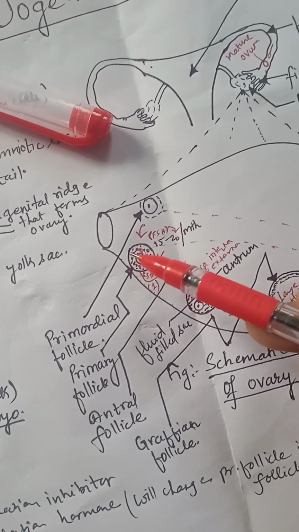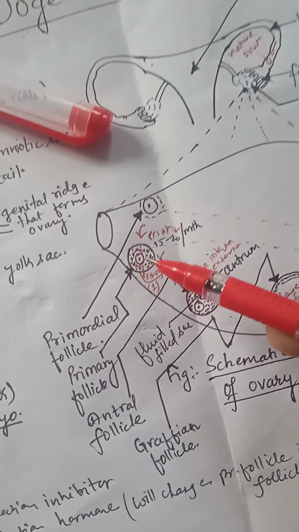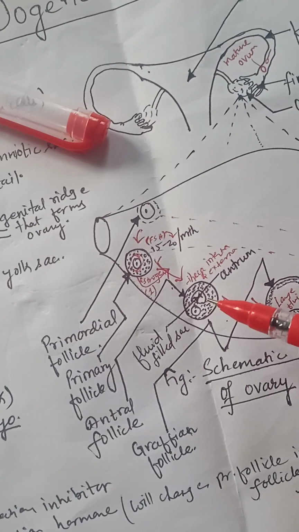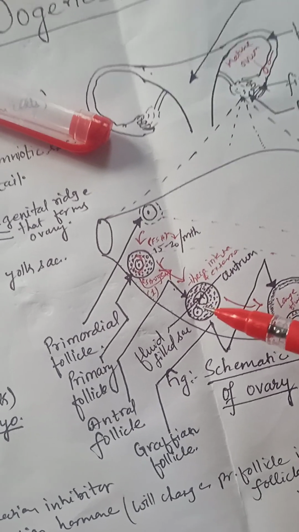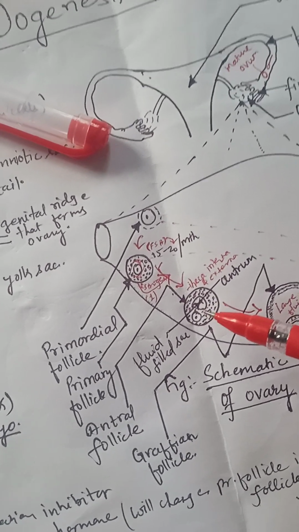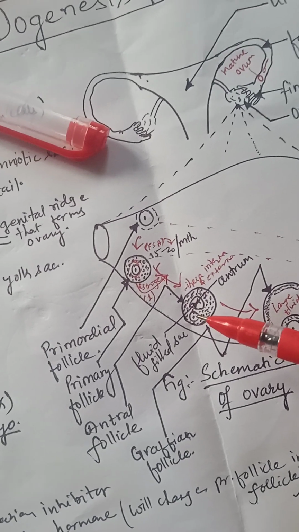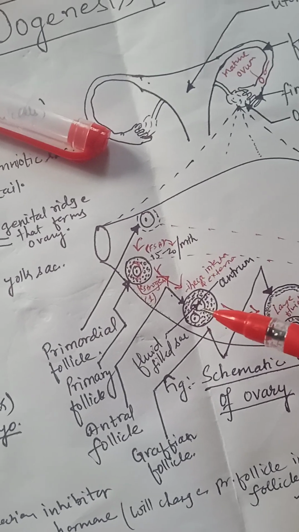So this primary oocyte will now slowly divide into a first polar body and secondary oocyte with half the number of chromosomes.